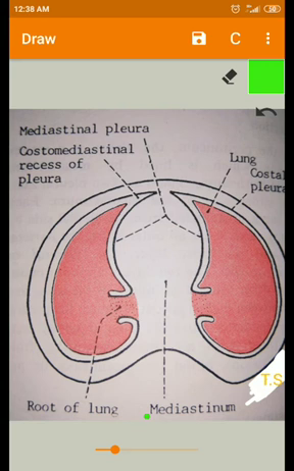Coming to the blood supply and the lymphatic drainage, the parietal pleura is part and parcel of the thoracic wall. So its blood supply and lymphatic drainage are the same as that of the thoracic wall.